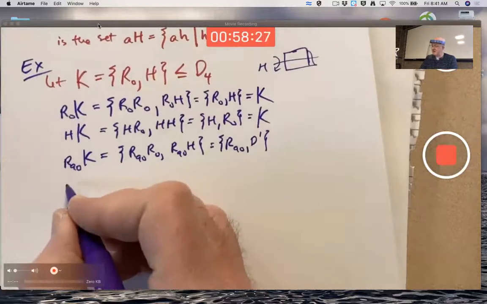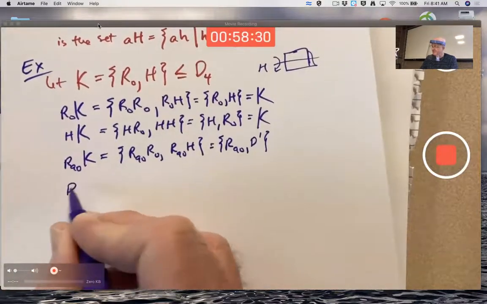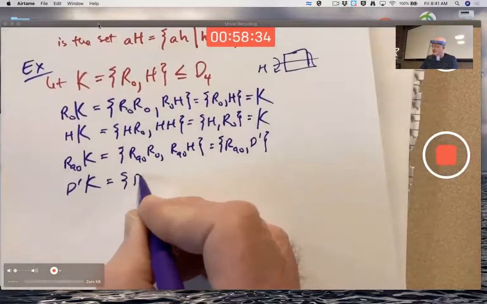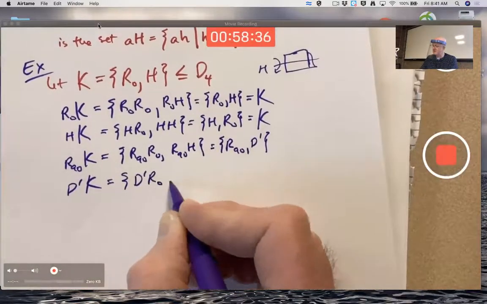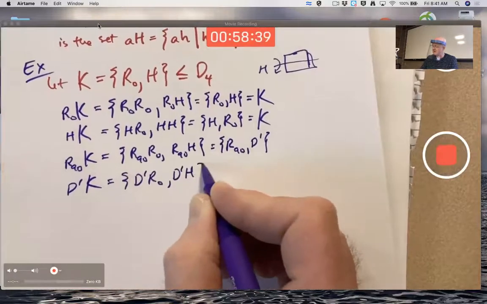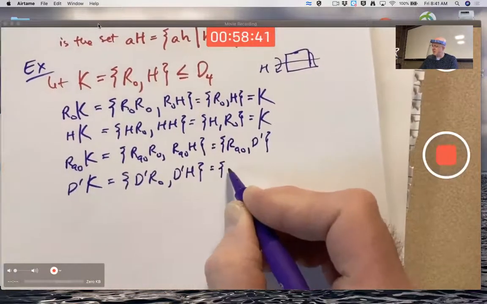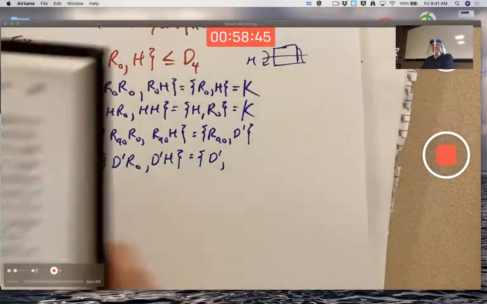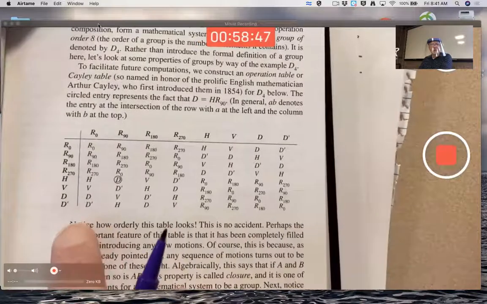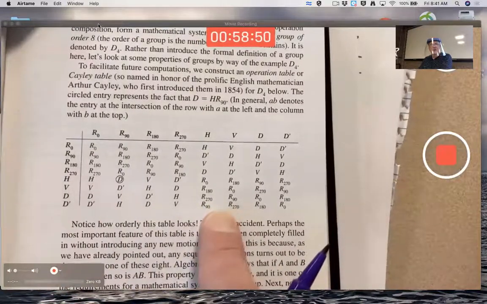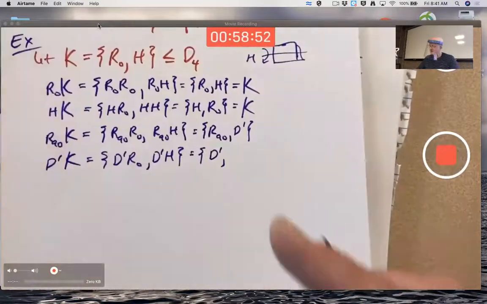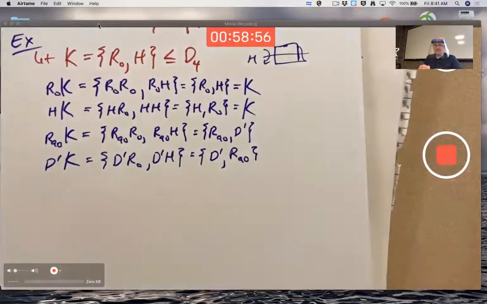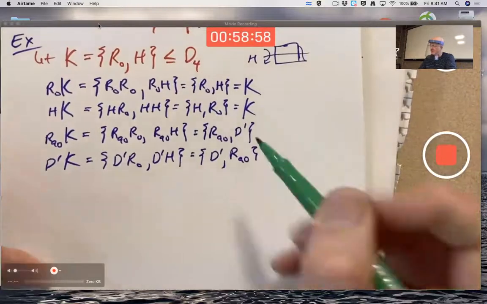I don't have time to do these all. Let's do one more. How about D prime K? Set containing D prime composed with R0 and D prime composed with H. D prime composed with R0 is D prime. What is D prime composed with H? D prime composed with H is R90. Hey, that's the same set as the other one right above it. These are the same.